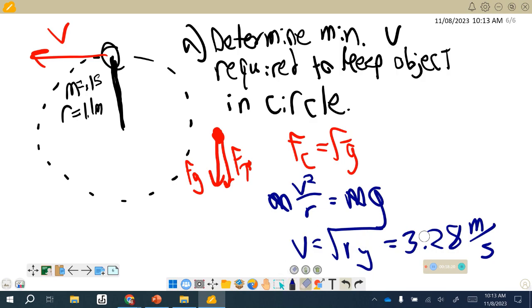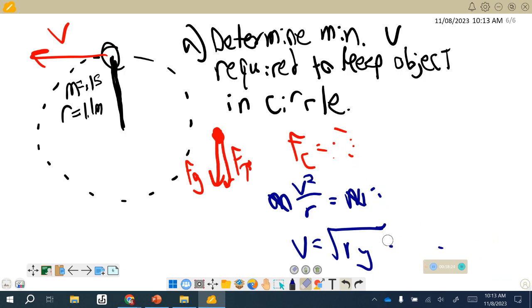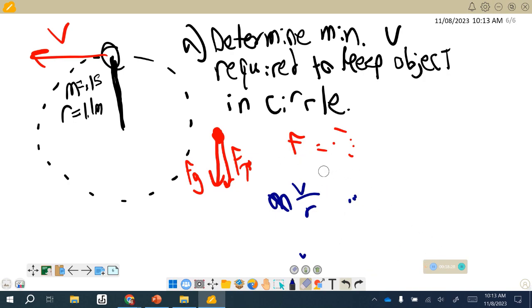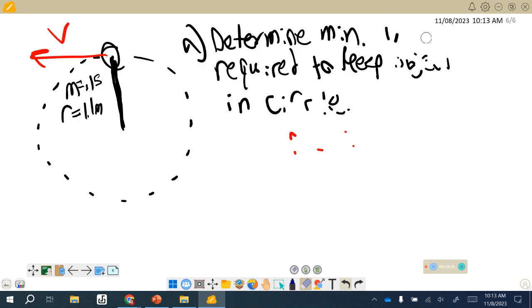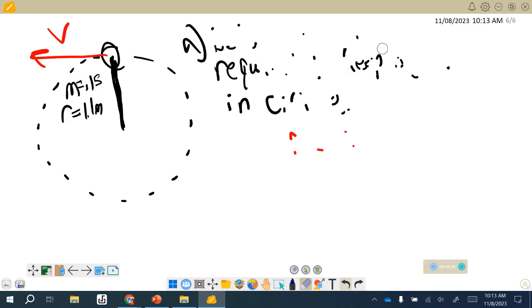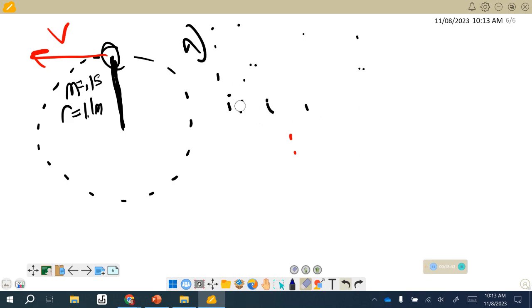Okay, now let's talk about the second part of this question. For the second part, we're going to consider what's going on with this ball at the bottom of the swing. All right, let me open up some space here. All right, so here we go.